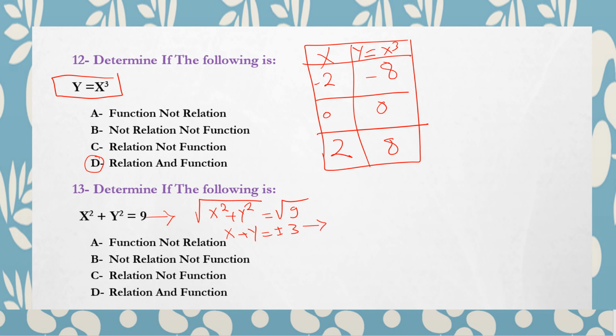And then y equals plus or minus 3 minus x. By assuming some values of x, if x equals -2, then y would have two values, 3 plus 2 and -3 plus 2.